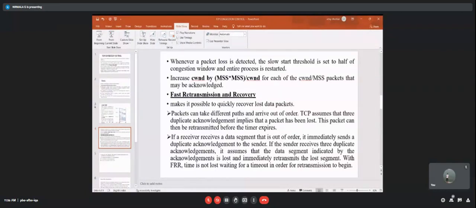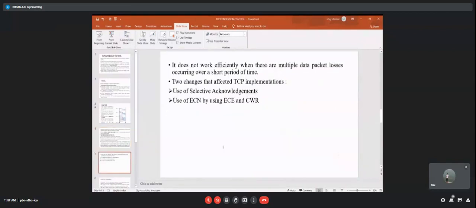So those packets will be immediately retransmitted. Hence it is called the fast retransmission and recovery procedure. This procedure does not work efficiently when there are multiple data packet losses occurring over a short period of time.